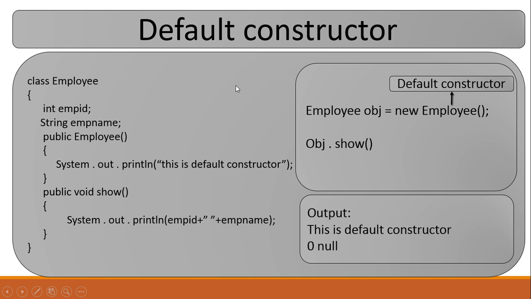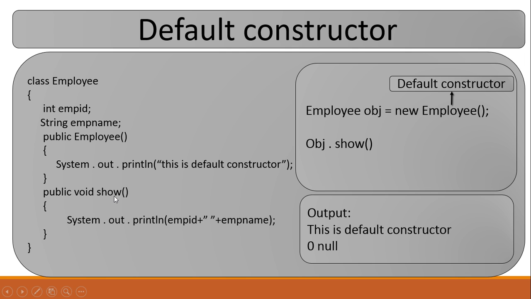Here I have to explain the default constructor in brief. Look here, I am creating a class Employee, declaring two variables, emp id and emp name, and a default constructor Employee. With the help of this statement we will print the message "this is default constructor" onto the screen.